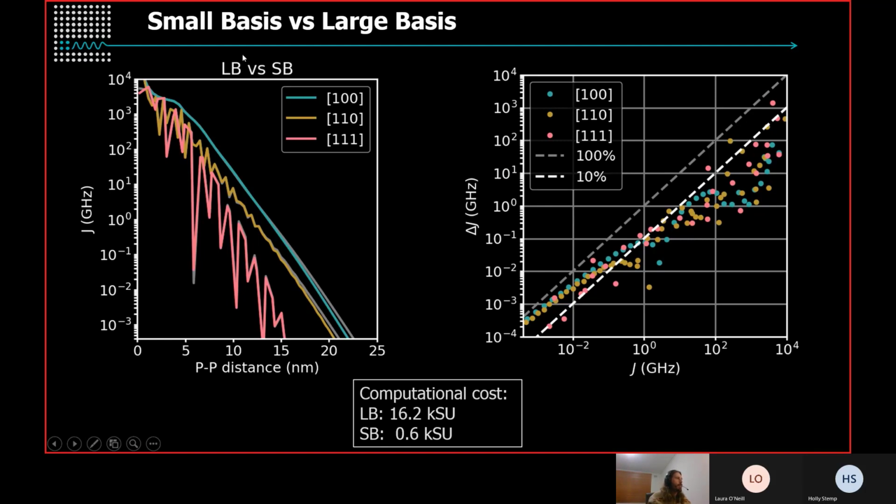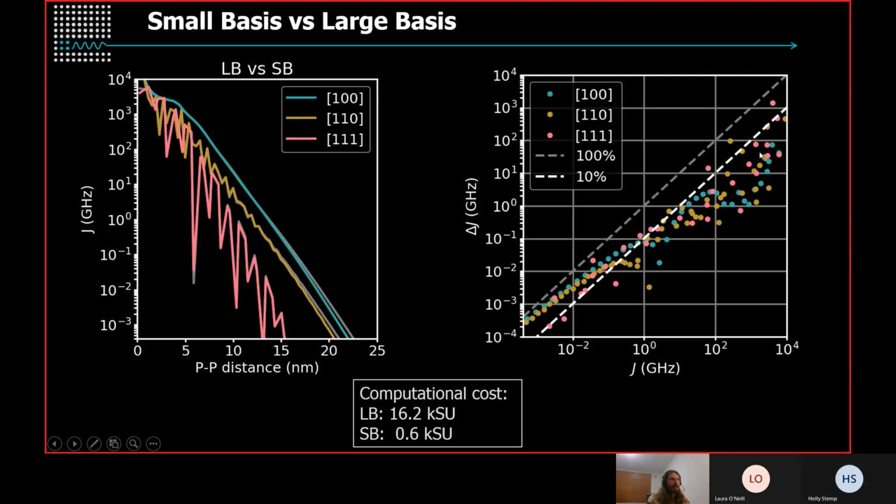Here I plotted both basis sets, the exchange value on a logarithmic scale as a function of distance for the same 3 crystal orientations. And the large basis set is shown in the full colors and the small basis set as a grayscale behind. And here's the same plot where I just plotted the difference between these 2 sets as a function of the exchange interaction itself.